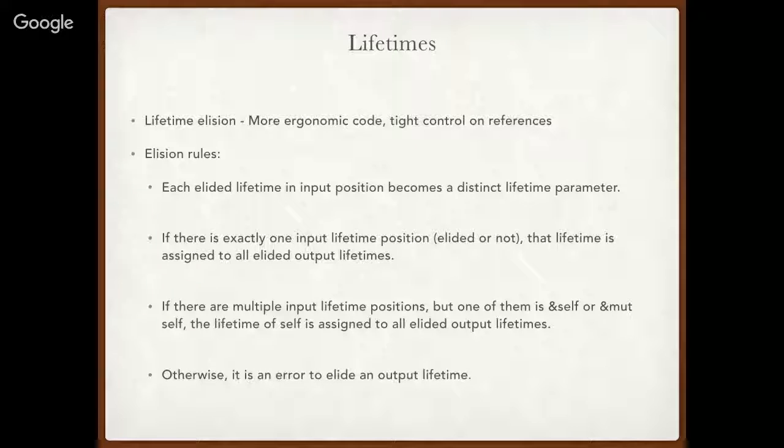If there is only one input, then I can assume that the output has the same lifetime, because of course that output will live as long as the input being borrowed is valid. If there are multiple inputs, but one of them is a mutable self, because you can actually do object-oriented programming, so you will reference self with a method.